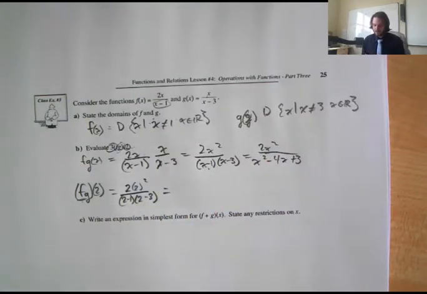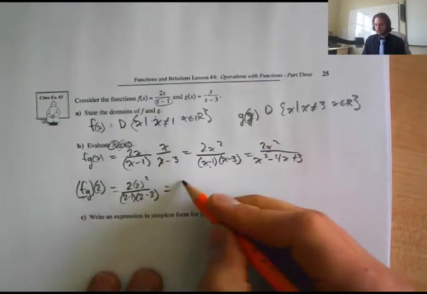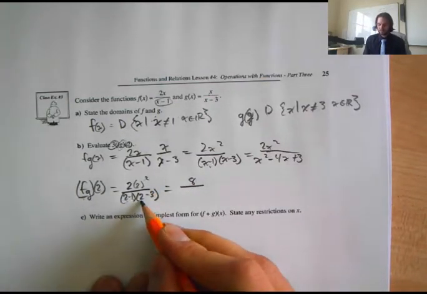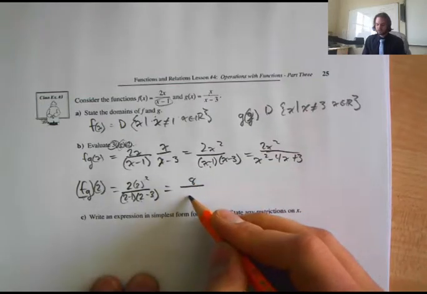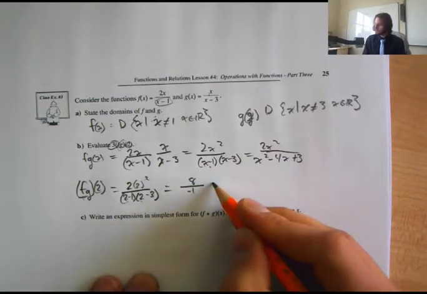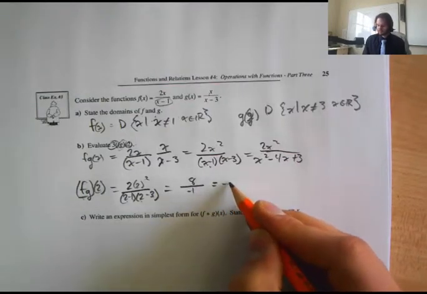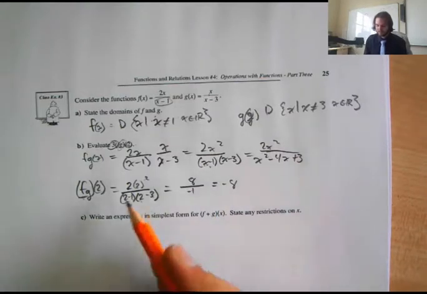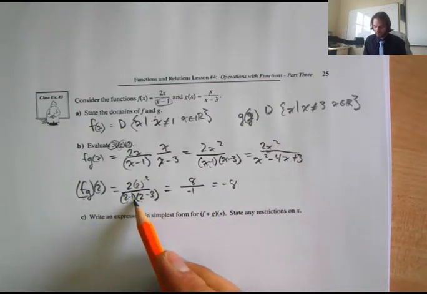Now what we end up getting here is 4 all over 1 multiplied by negative 1, which gives me negative 4. Hopefully you understand that.